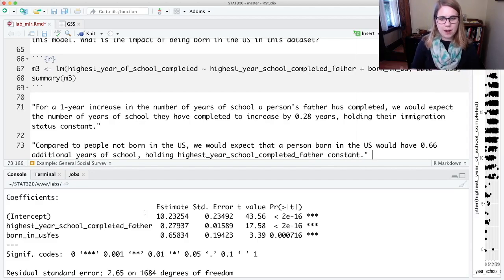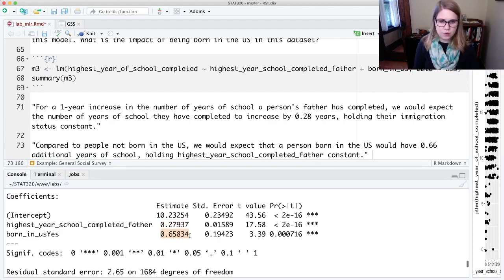So we want to compare apples to apples. So if we had people whose fathers had completed the same number of years of school, one was born in the US and one was not, we would expect the one born in the US to have a slightly higher number of years of school completed. So that's how we would interpret those two coefficients.